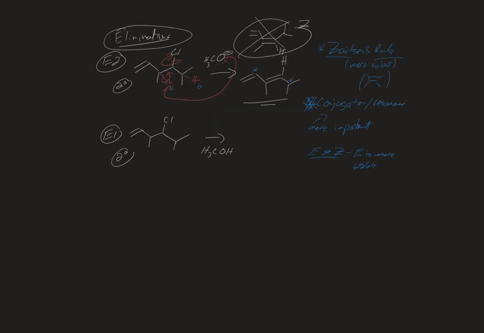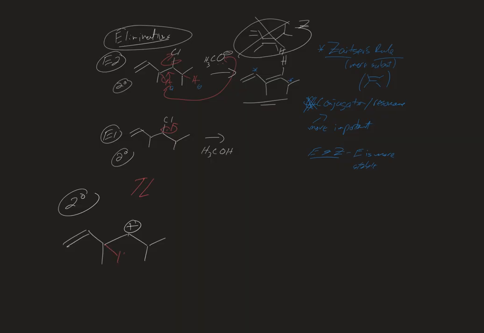So for the E1, the first step is actually going to be the leaving group leaves. That's going to be our slow step, makes the carbocation. This is a secondary carbocation, so we're worried about rearrangements here. We're looking for single bonds, 2 bonds away.